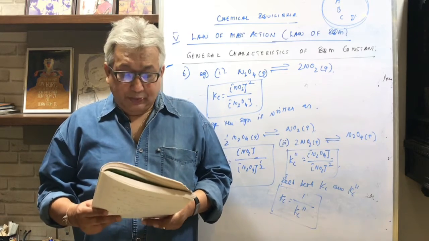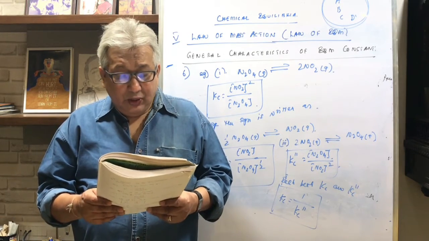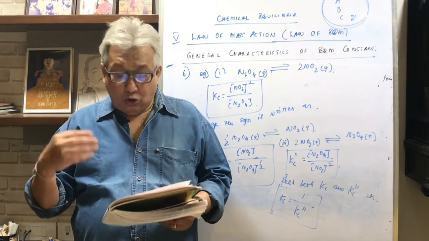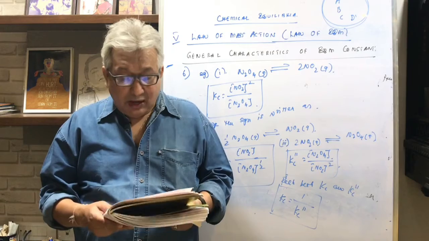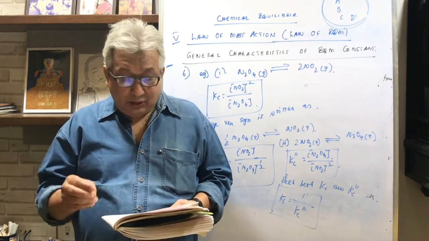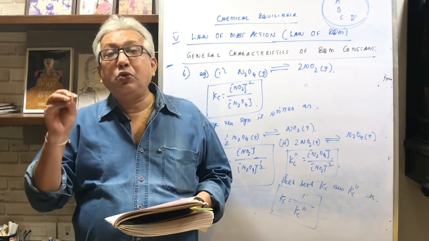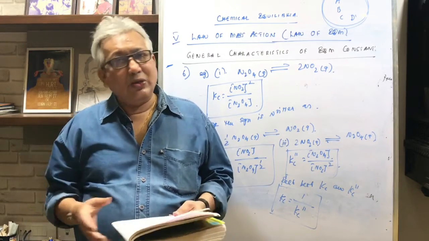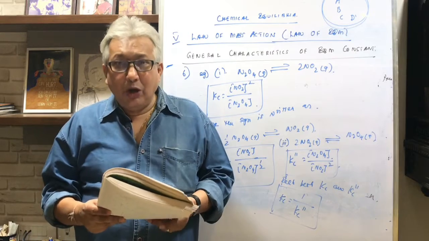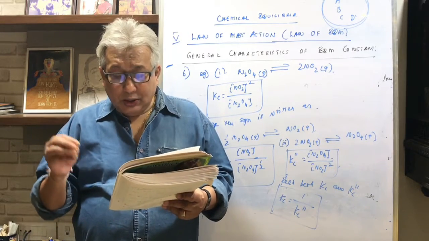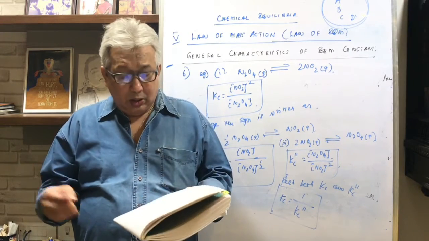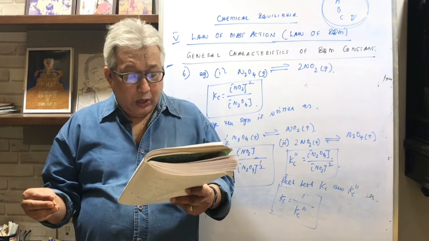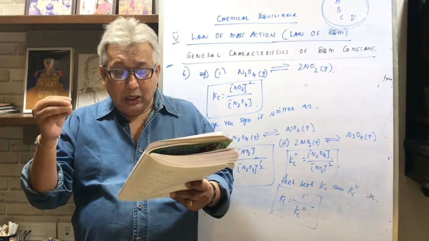Point number 4, a catalyst helps to achieve equilibrium faster, but it has no effect on the equilibrium constant value. Point number 5, generally we don't use units for Kc and Kp, which I have told you before. And point number 6, the equilibrium constant expression and value of equilibrium constant depend on the manner in which we balance the chemical equation.